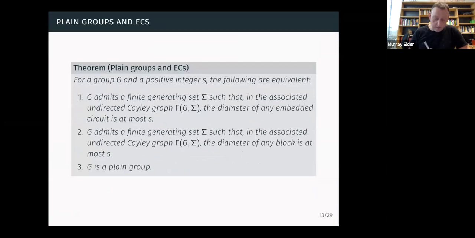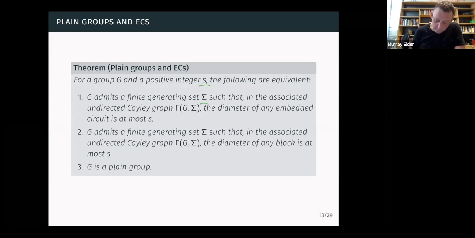So I want to give this connection between plane groups and Cayley graphs. The following are equivalent for any positive integer s. The group admits some finite generating set so that in the undirected Cayley graph, where we just glue together x and x inverse as a single undirected edge, the diameter of any embedded circuit is at most s.